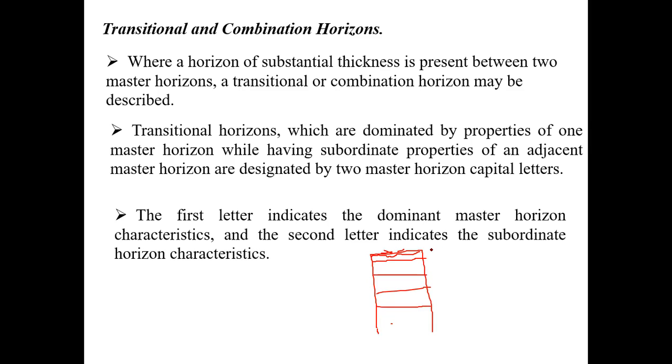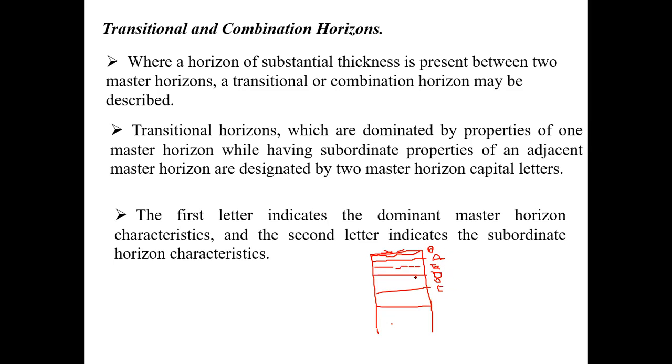That is the difference. So generally what we will see is O, A, or if possible E, the eluvial horizon also. And B we can see, and down we can see C. So like this, students, we can see O, A, E, B and C.